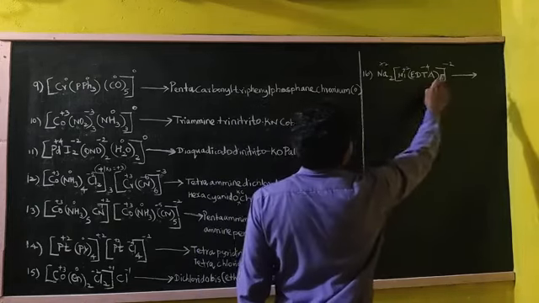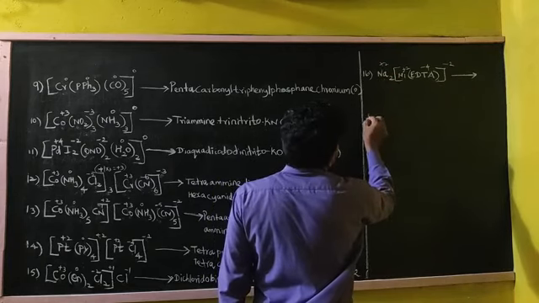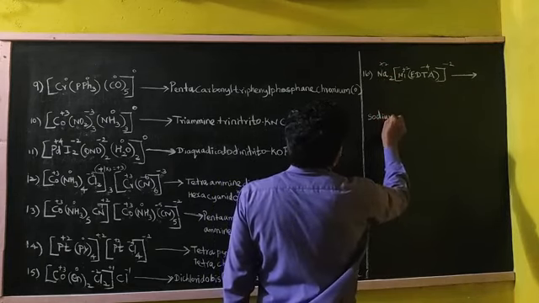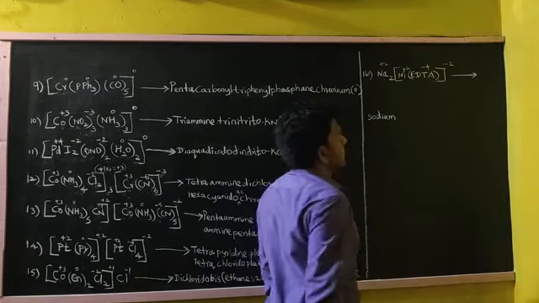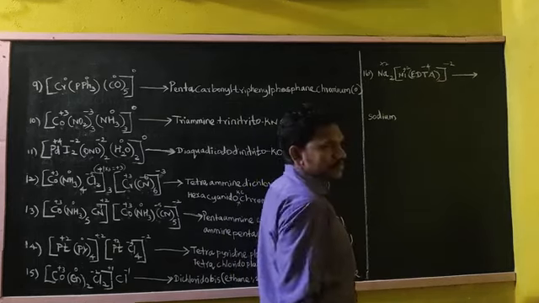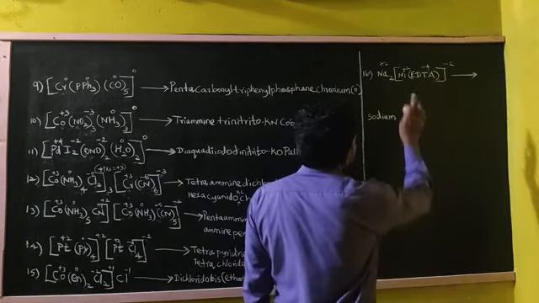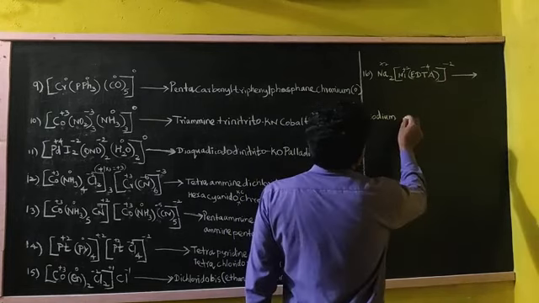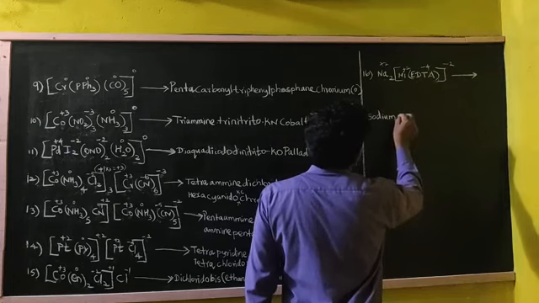So out of the coordination sphere, Na2 is given with the positive. So sodium. And EDTA means ethylene diamine tetraacetic acid. We can say that. But here the EDTA acts as a ligand. So ligand name we can mention it.